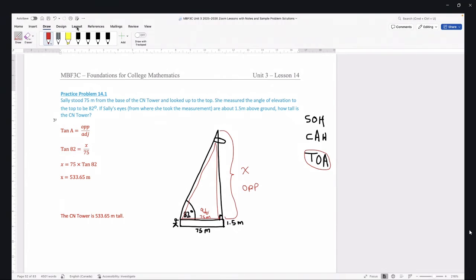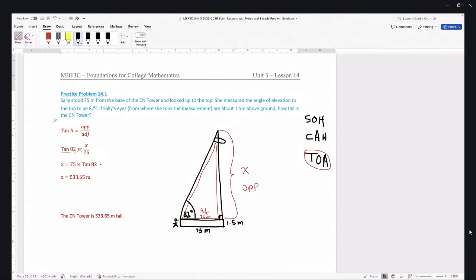So the best thing to do now, I always say, is make this a proportion, make it over 1. So tan of 82 over 1 equals X over 75. Cross multiply, 1 times X is X. And then tan of 82 times 75, 75 times the tan of 82. Now just plug those numbers into your calculator.